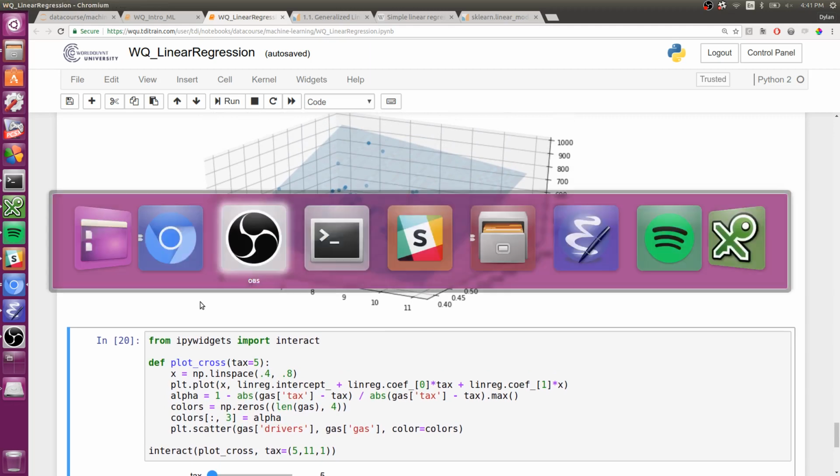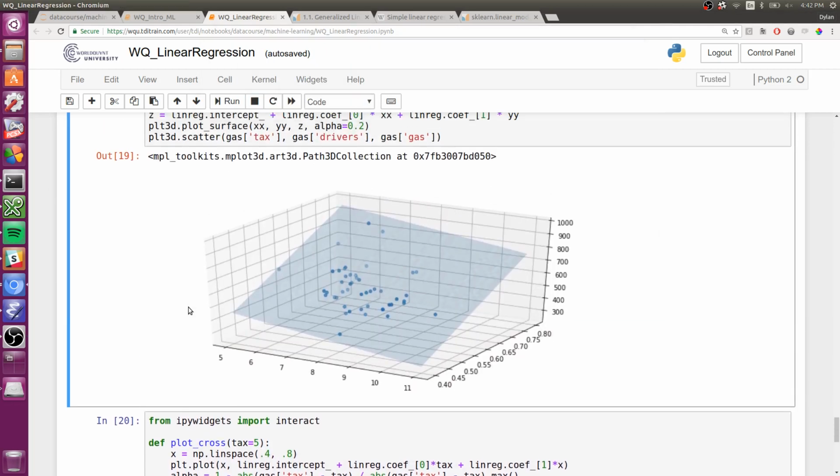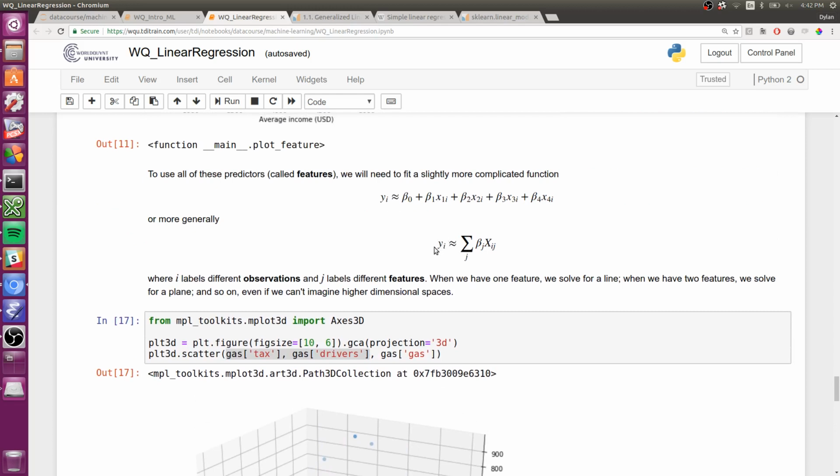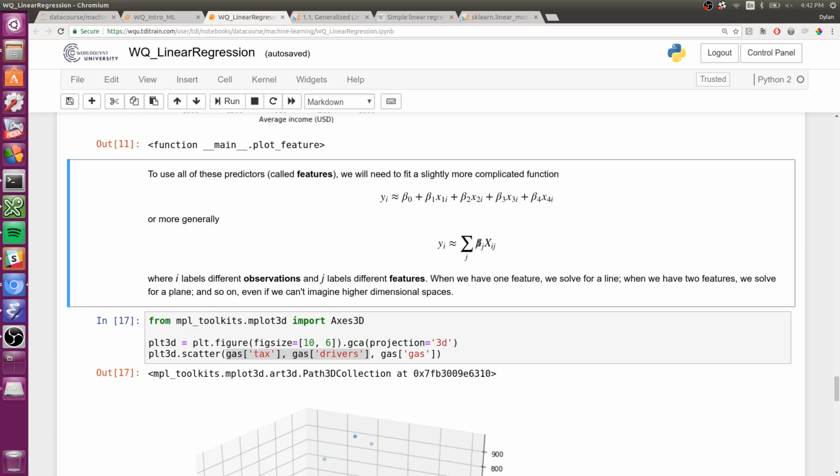So hopefully this gives you some amount of intuition for what's going on in multivariate regression. We have predictions that we make by multiplying a vector of model parameters against our feature matrix. And we try to calculate which model parameters, beta j, minimize the mean squared error of these predictions relative to the labels.